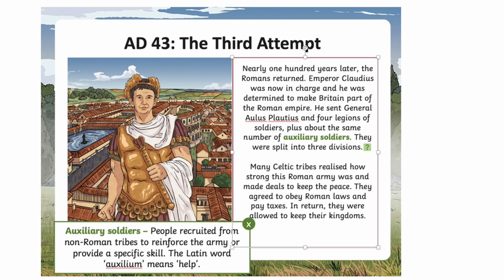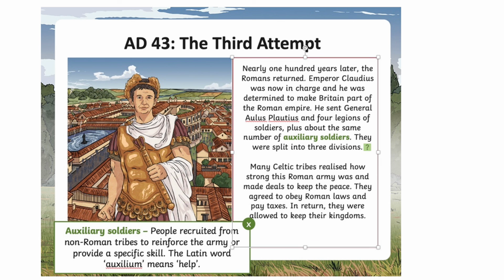He had 4 legions of soldiers, plus about the same number of auxiliary soldiers. They were split into 3 divisions. An auxiliary soldier, you've got a definition there at the bottom, were people recruited from non-Roman tribes to support the army, to help the army.